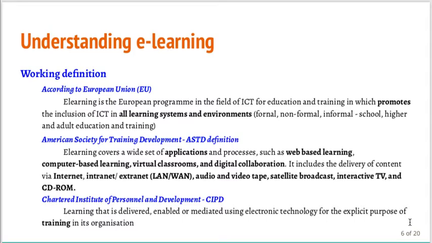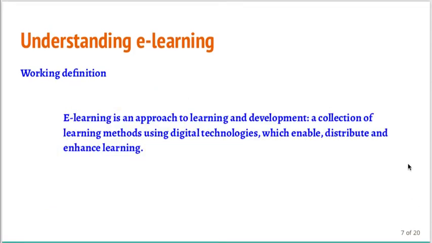So we will have a working definition. From the three definitions, we arrive at a better working definition: e-learning is an approach to learning and development, a collection of learning methods using digital technologies which enable, distribute, and enhance learning.